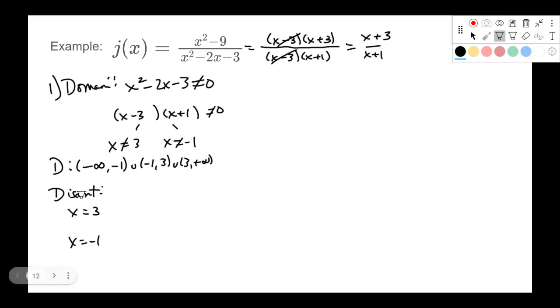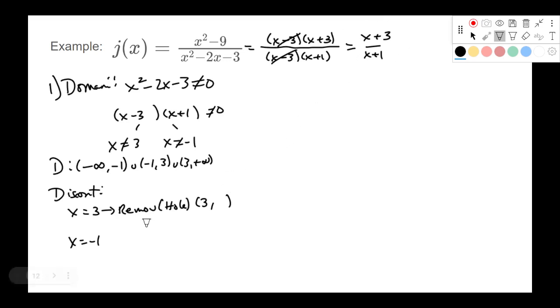So my x equals 3 discontinuity is removable. I removed it, right? I took out the x minus 3. So there's a hole there. There's going to be a hole at the point 3, comma, and I've got to plug x equals 3 into the equation that I just came up with.